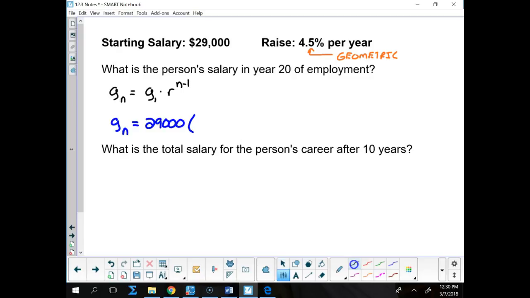Okay? So it's going to go up by 4.5% per year. Okay?